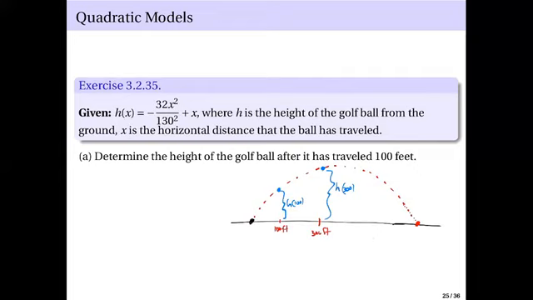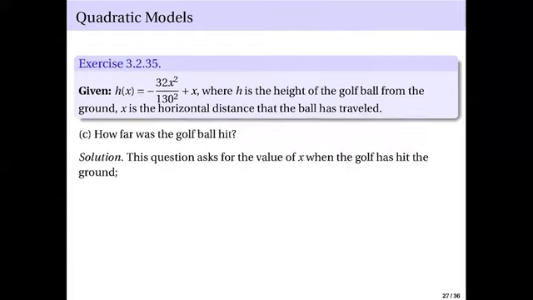But what does this mean? It means your height is equal to 0 because it's on the ground. So our h is equal to 0. In order to calculate this, we are asked to find the value of x when the golf ball has hit the ground.